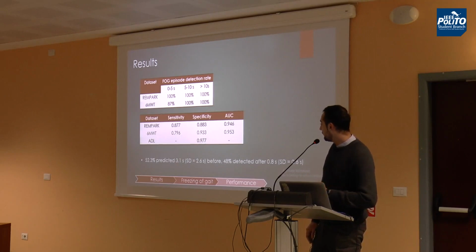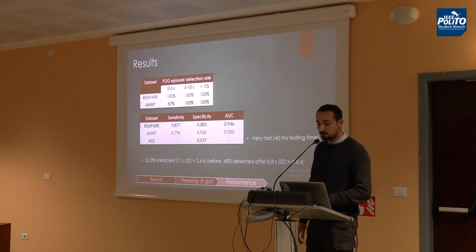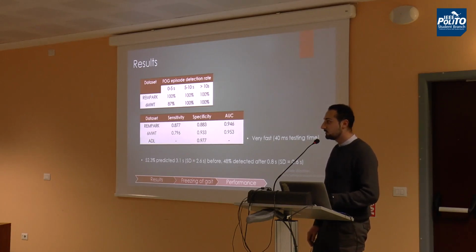And then the other half of the episodes were detected in 0.8 seconds, which is quite good because this allows for the early detection of the episode, and this can be important for providing some kind of auditory or tactile cue, which can reduce the duration of the episodes, but also prevent the occurrence. And also it is very fast. It just needs 40 milliseconds to classify each window.